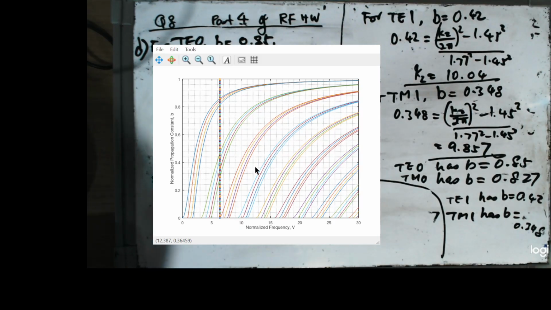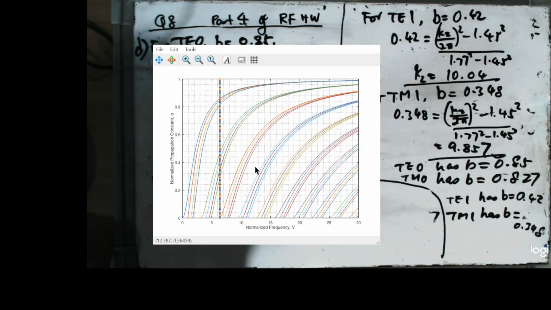So at TM1 we have the value of kz equal to 9.85.